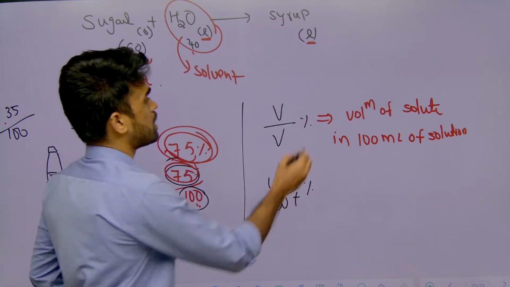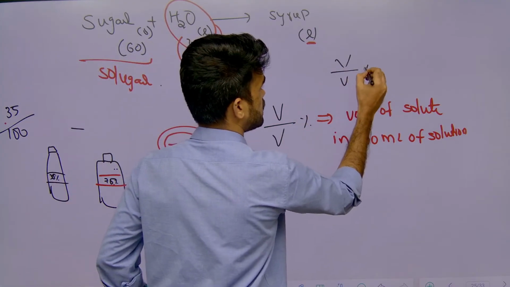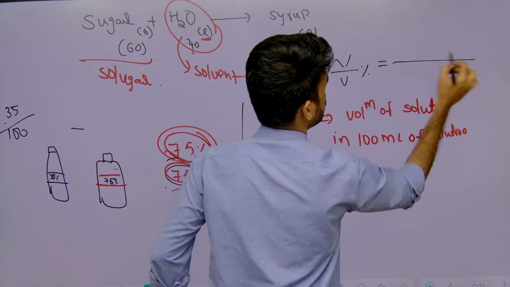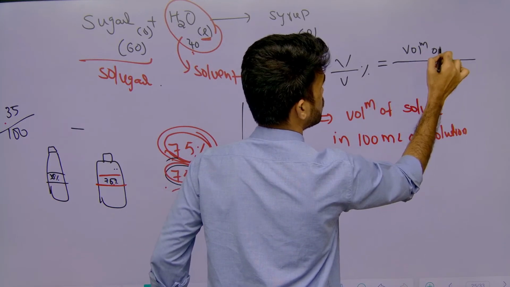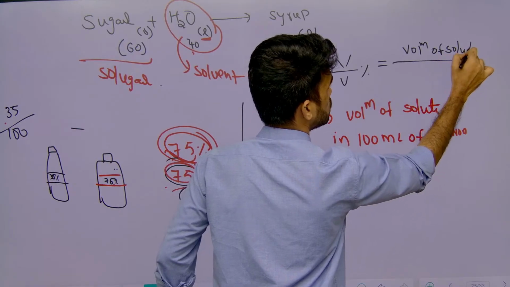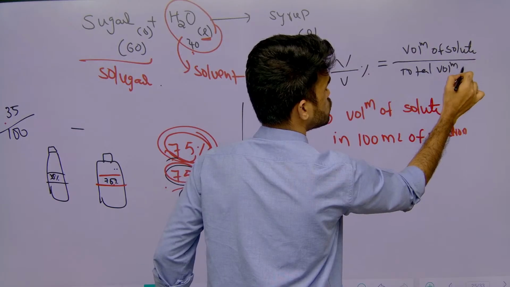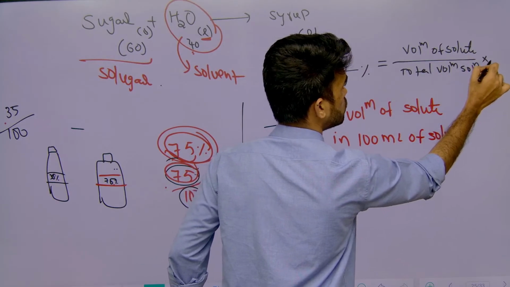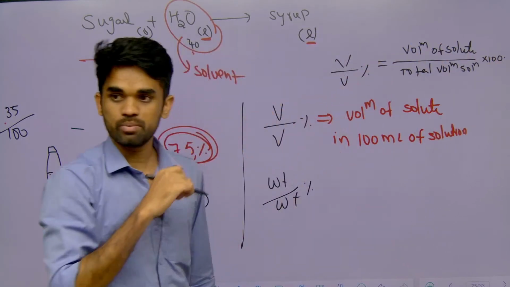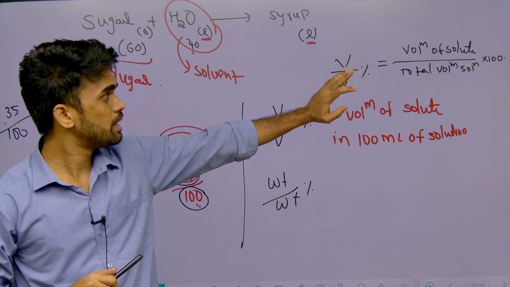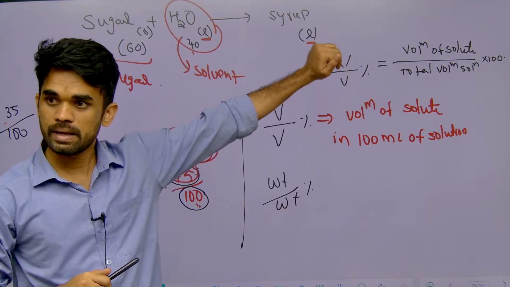The formula: volume by volume percentage equals volume of solute by total volume of solution into 100.